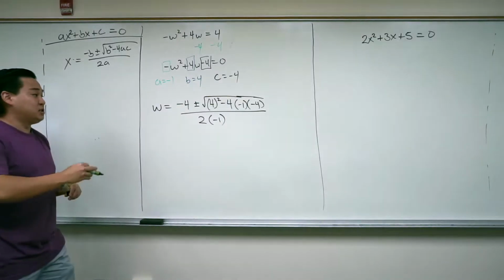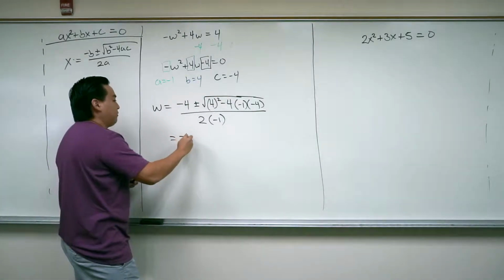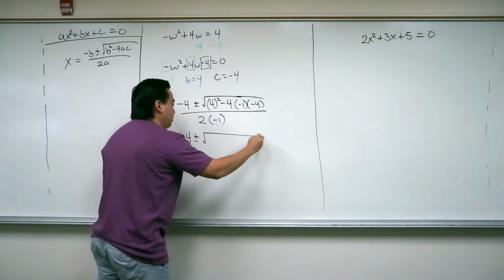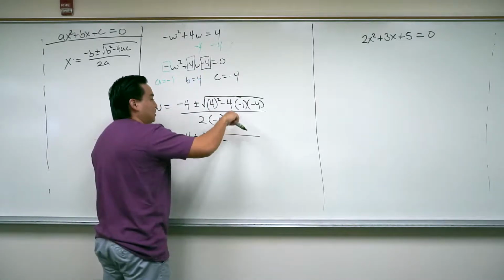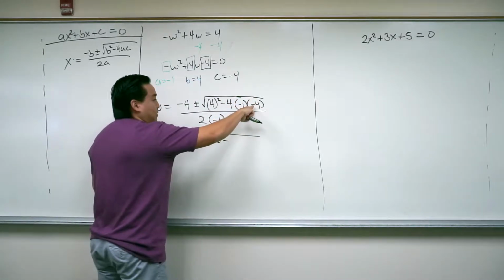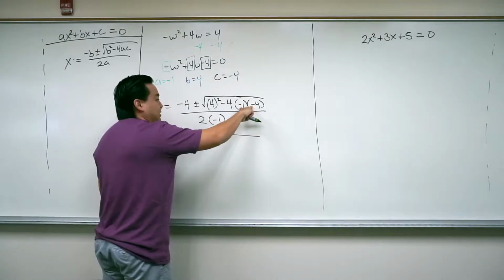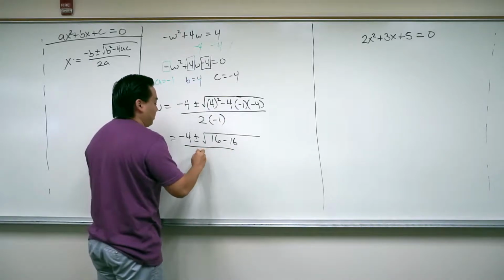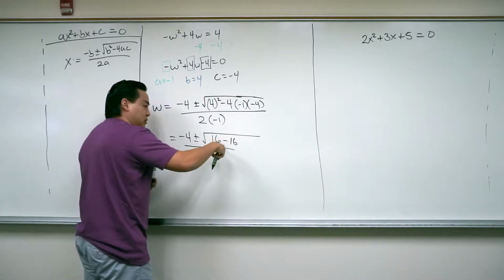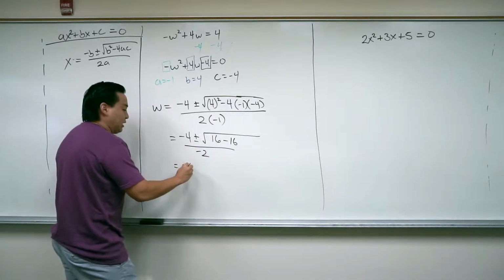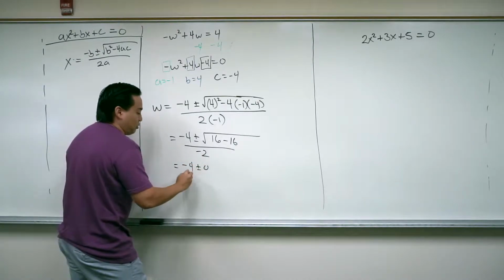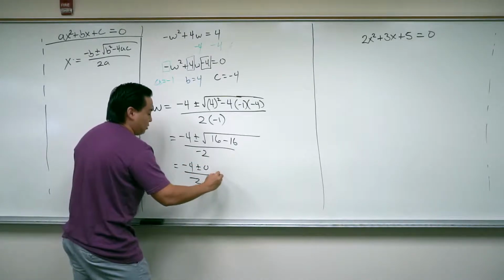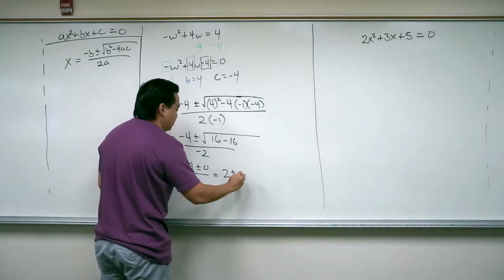And then go ahead and just do the arithmetic. Negative 4 plus or minus the square root of 16. This one right here is going to be a negative times a negative, which is positive, times a negative, which is going to be negative again, minus 16, over negative 2. This is 0. So you get negative 4 plus or minus 0 over negative 2, which is 2 plus or minus 0.